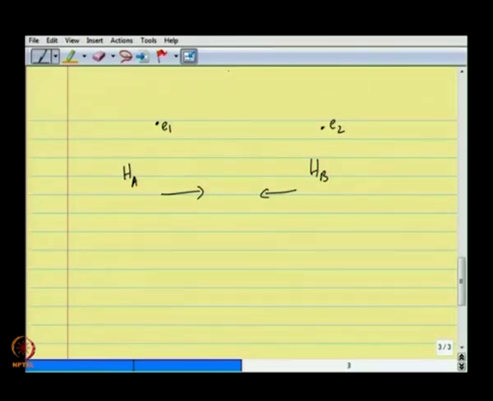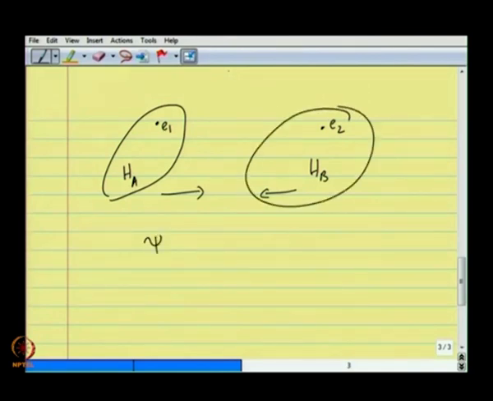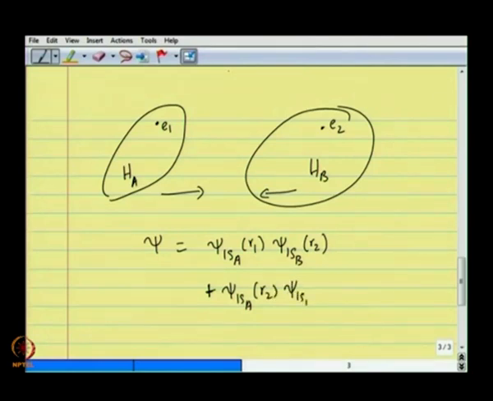The valence bond approach assumes that the wave function for this system should be expressed as the wave function for the 1s electron in atom A, r1, times the wave function for the 1s electron in atom B, r2. But because the electrons are indistinguishable, the valence bond approach must logically correct this by including psi 1s A r2 psi 1s B r1.